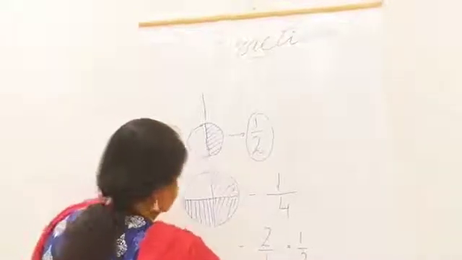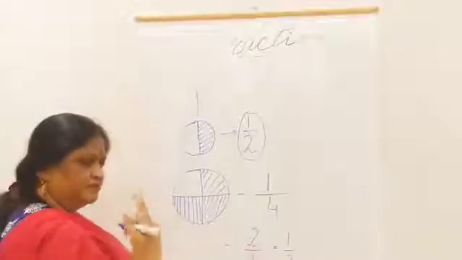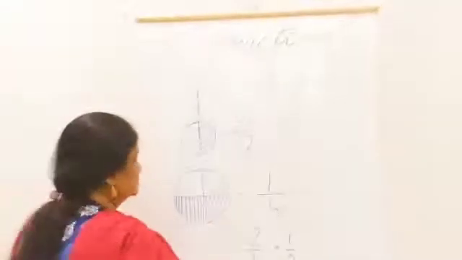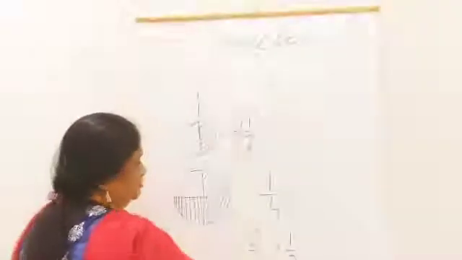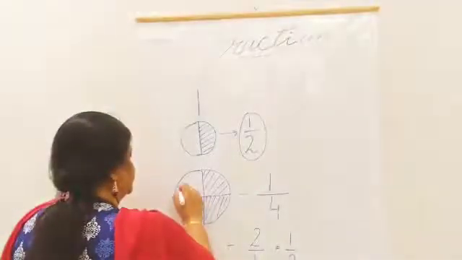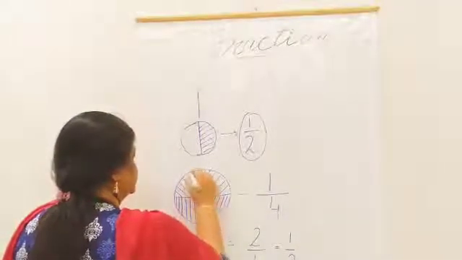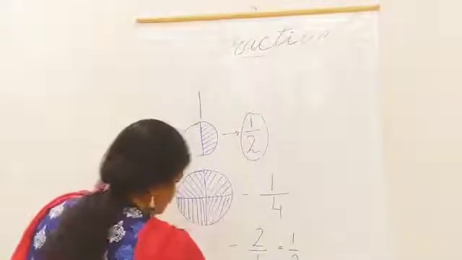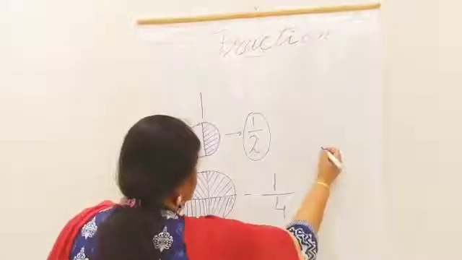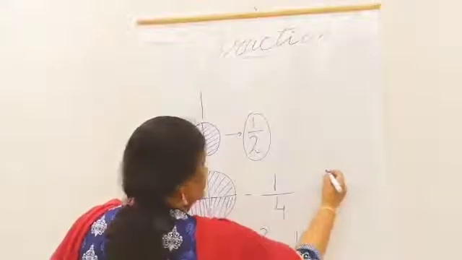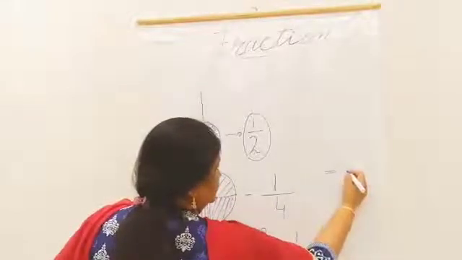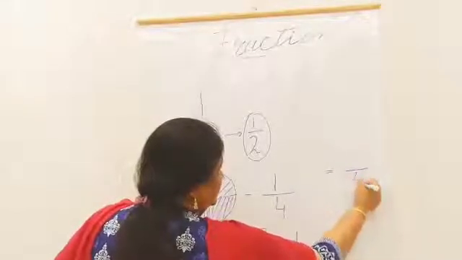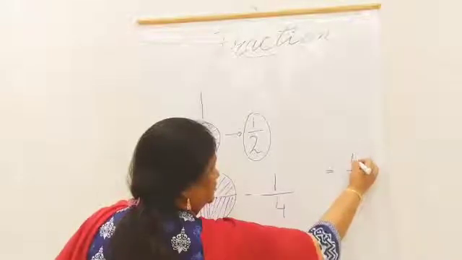Now my 4th friend wants me to give him the 4th part also. Now I am shading it. How many parts are there? 4 were there in total, and how many are used? 4 are used.